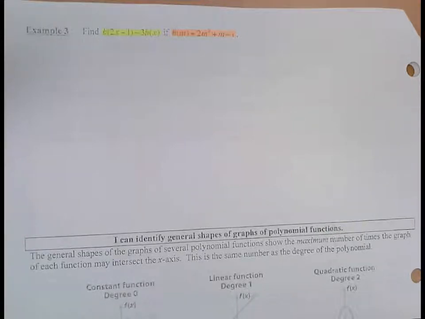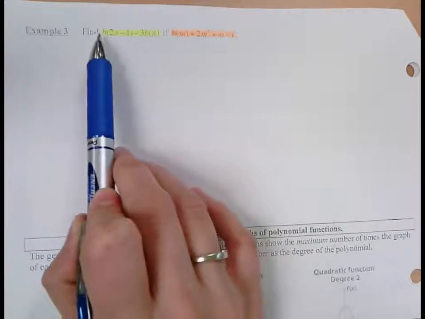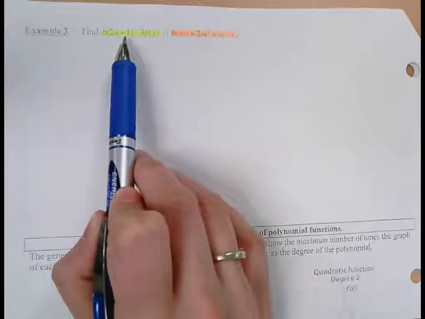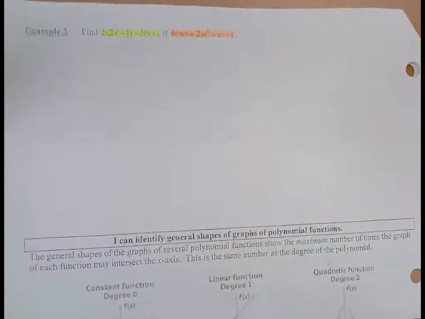One thing I want to point out, and this is where, when you are working through problems, you have to be able to identify what exactly is happening. This here is not b times 2x minus 1. You are not distributing b. I know that's what it looks like.